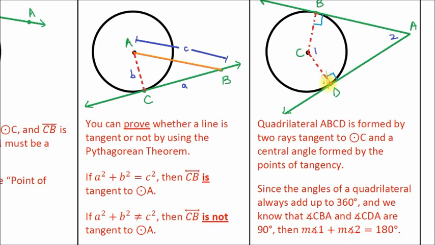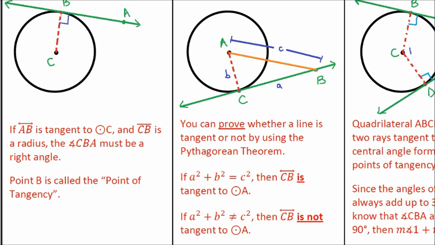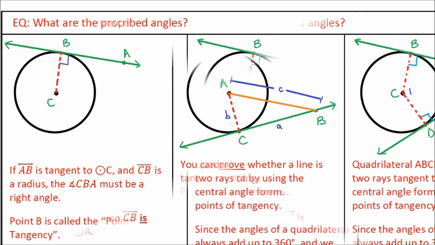If the four angles of a quadrilateral add up to 360, that means we have 180 degrees left, and that means these two angles have to add up to 180 degrees. So there are three properties of tangent lines, or tangent rays, and we're going to be using those in worksheets to solve for missing angle measures, or to prove that a line is or is not tangent.